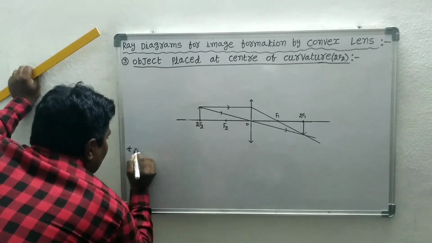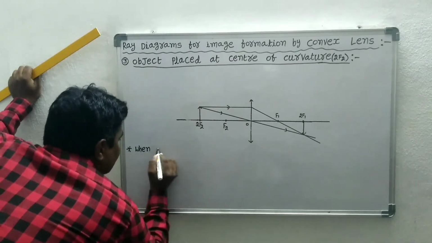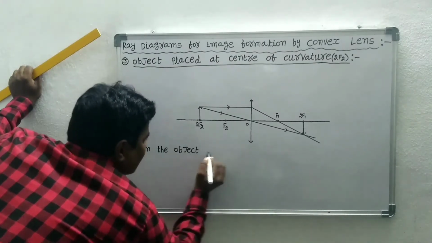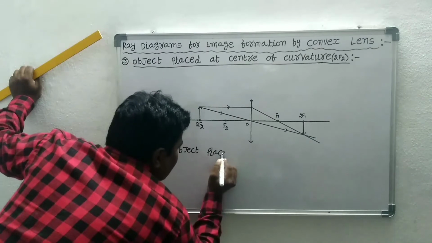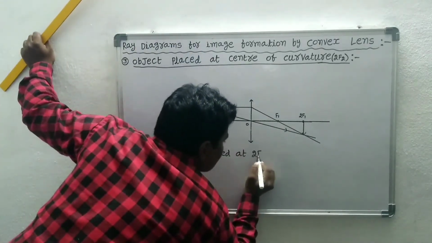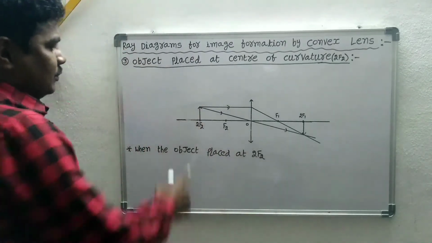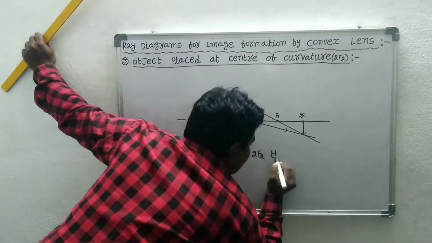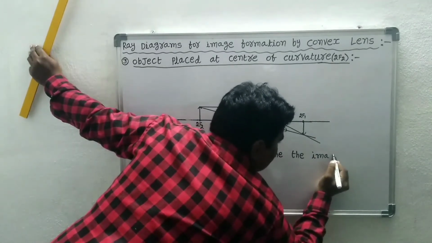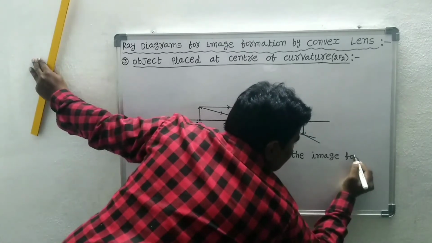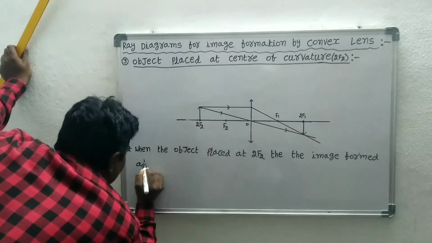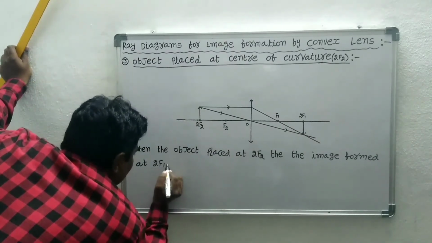So when the object is placed at 2f2, then the image is formed at 2f1.